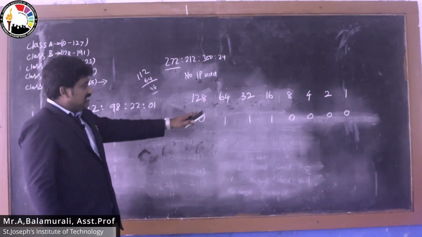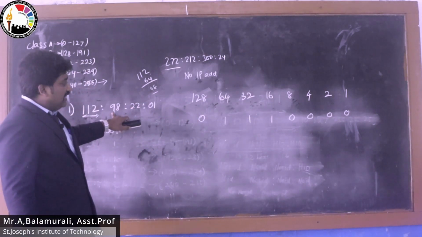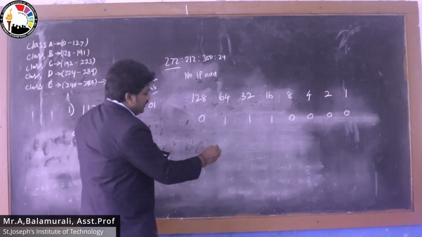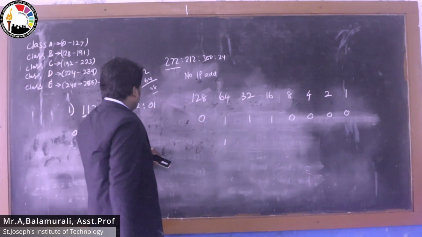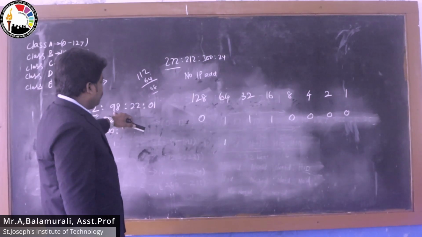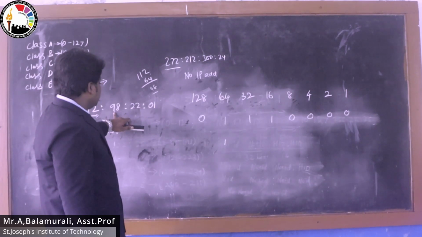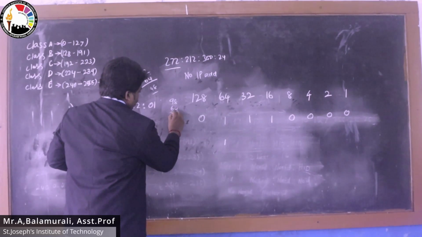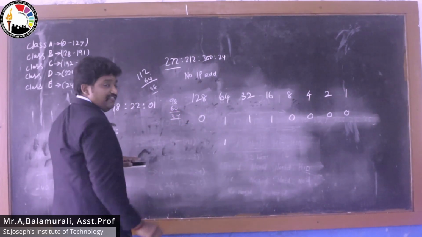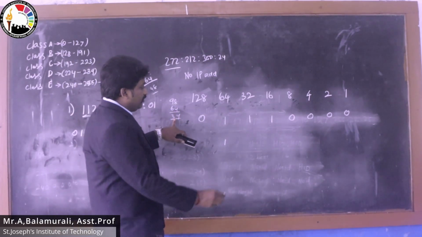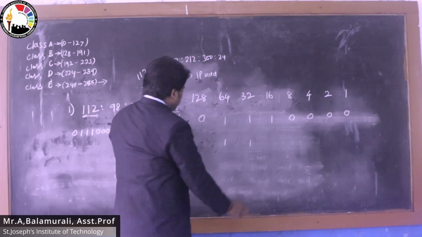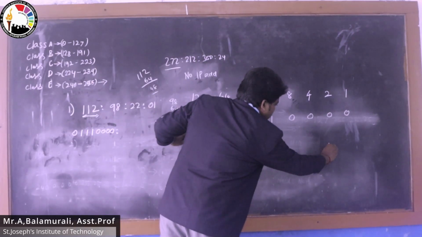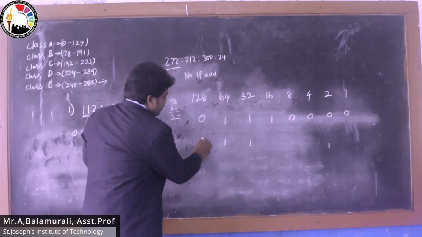And the next one is 98. Which one is the nearest to 98? 64. So in that place you mark 1. What about the remaining, 98 minus 64? 34 is remaining. Which one is the nearest to 34? 32. Remaining 2. So in the 2 place you mark 1. Remaining all the bits are 0.